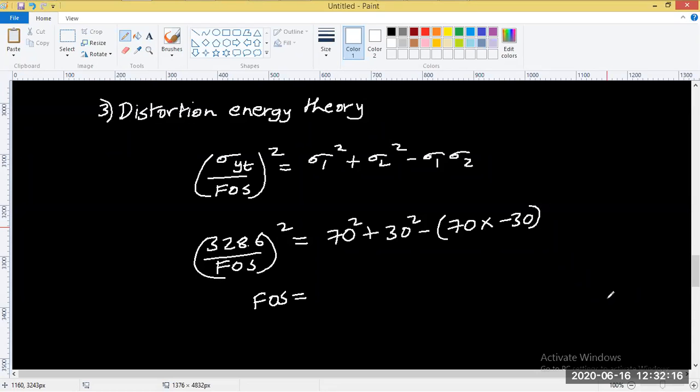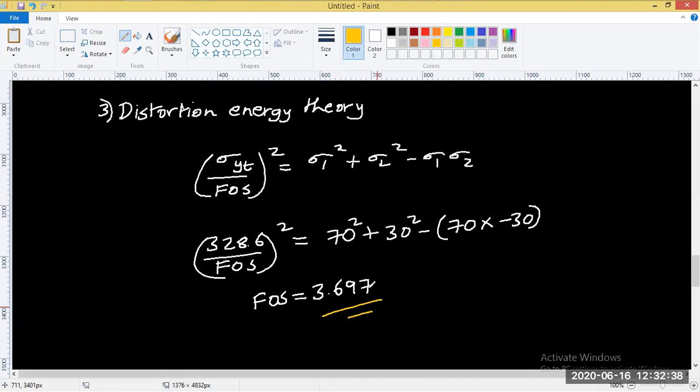So almost a very close value of factor of safety you get. If I calculate this, you get a value like 3.697. So somewhere around this value you get. So just try to find this value.